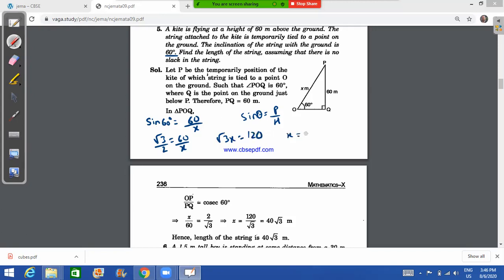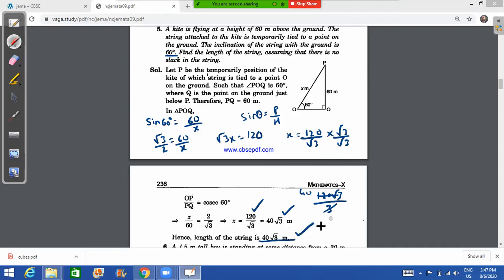Therefore x is 120 upon root 3. Then we rationalize, multiplying and dividing by root 3. So 120 root 3 divided by 3. Cancel this, and we get 40 root 3. Therefore the length of the string is 40 root 3.